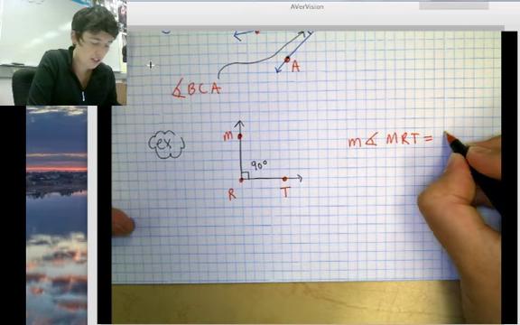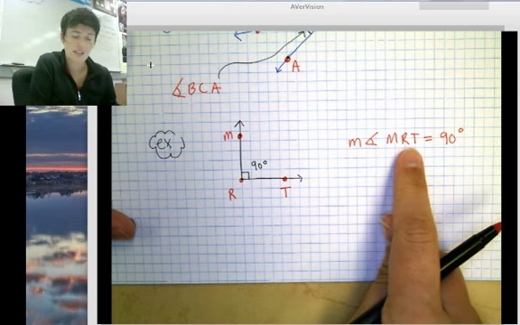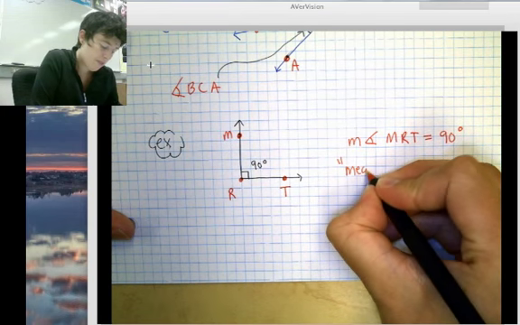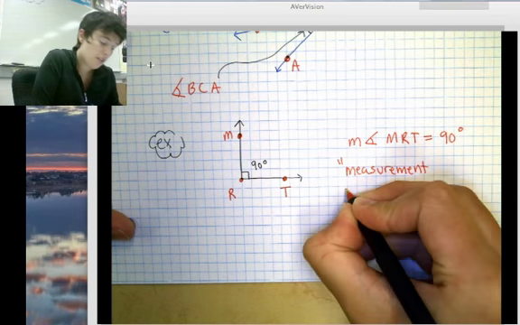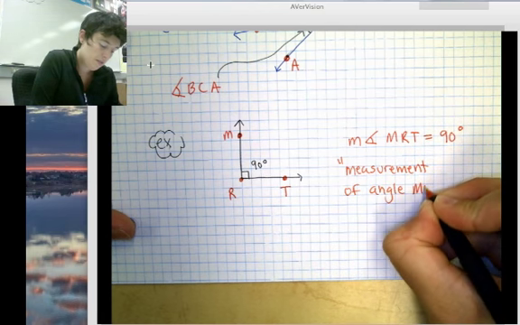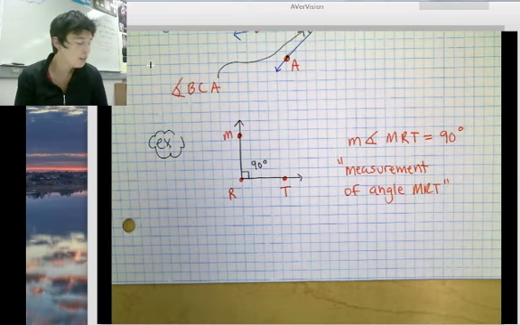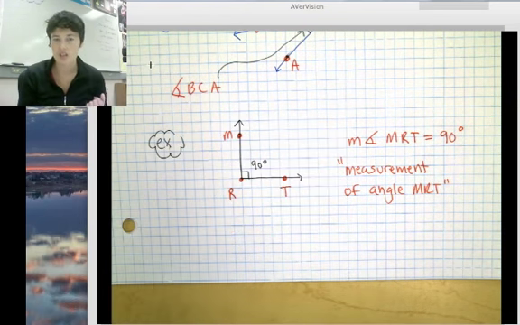It's 90 degrees. So the measurement of MRT is 90 degrees. Out loud, this is read as measurement of angle MRT. That's how you read that. So sometimes you're going to see the little m, and you'll know that it just stands for measurement.